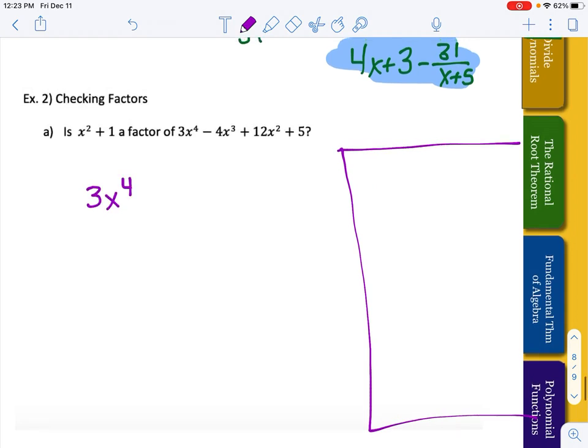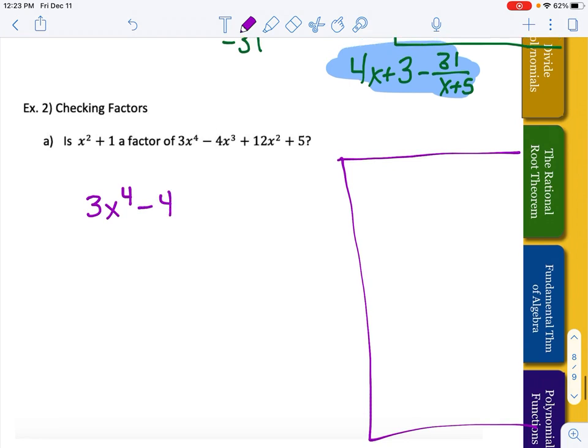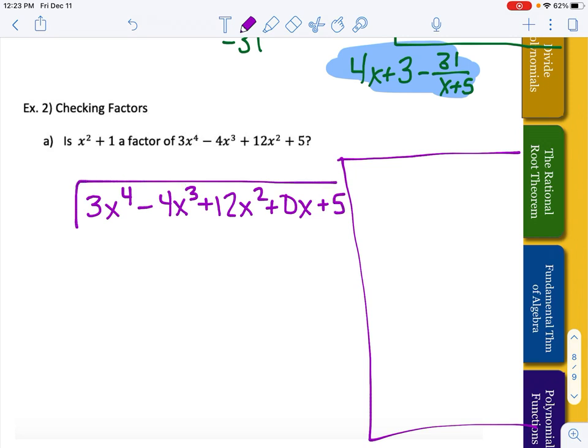So we need 3x to the fourth minus 4x cubed plus 12x squared plus 0x, because that's just a stand-in term, but it needs to be there for this to work, plus 5. Same thing with our divisor.